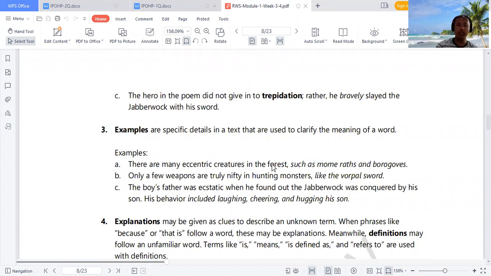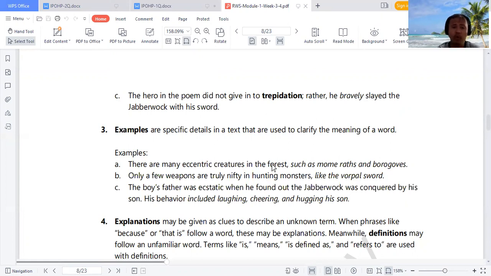Okay, the hero in the poem did not give in to trepidation. Rather, he bravely slayed the Jabberwock with his sword. So what do you mean by trepidation? A feeling of fear or agitation about something that may happen.